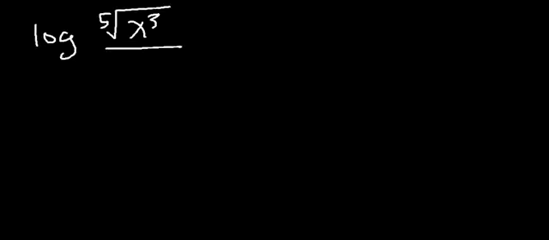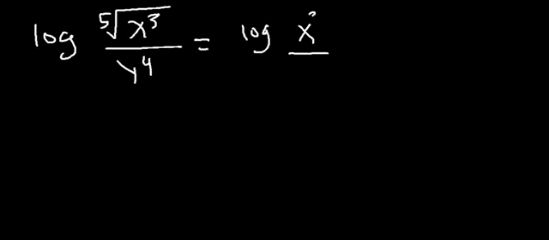So for our final example for expanded logs will be this problem. Log 5th root of x cubed over y to the 4th. So notice that the radical doesn't affect everything. So at this point, we can go ahead and separate it, but let me change the radical first.